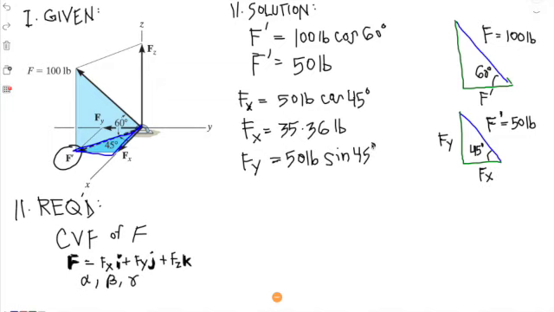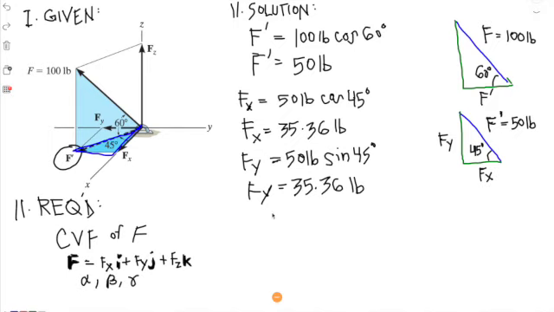So it means that the value of Fy is the same as the value for x, which is approximately 35.36 pounds.